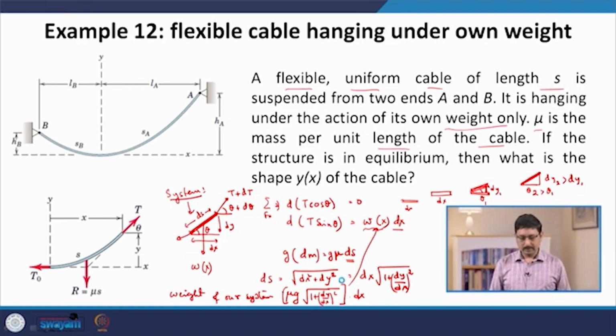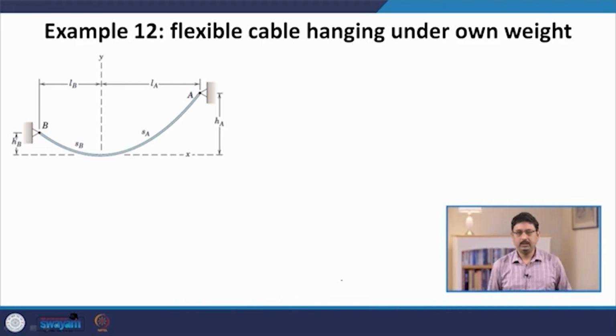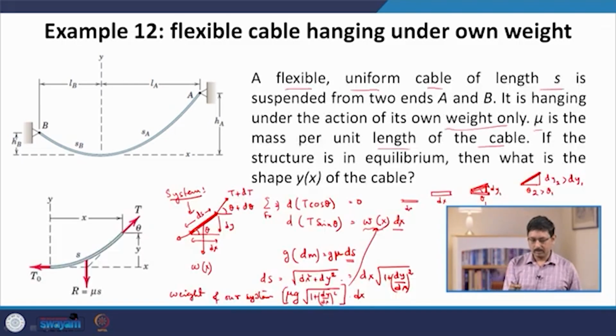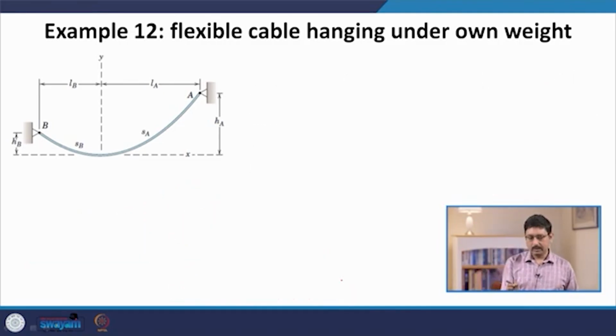Then, in the previous example we got this equation. We had a third condition, since we wanted to eliminate theta and replace it by y: dy/dx is equal to tan theta, which is T sin theta over T cos theta.